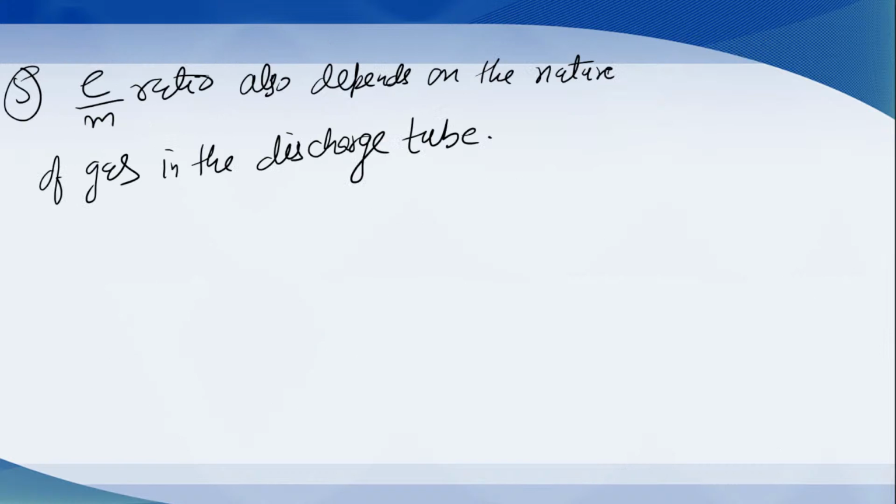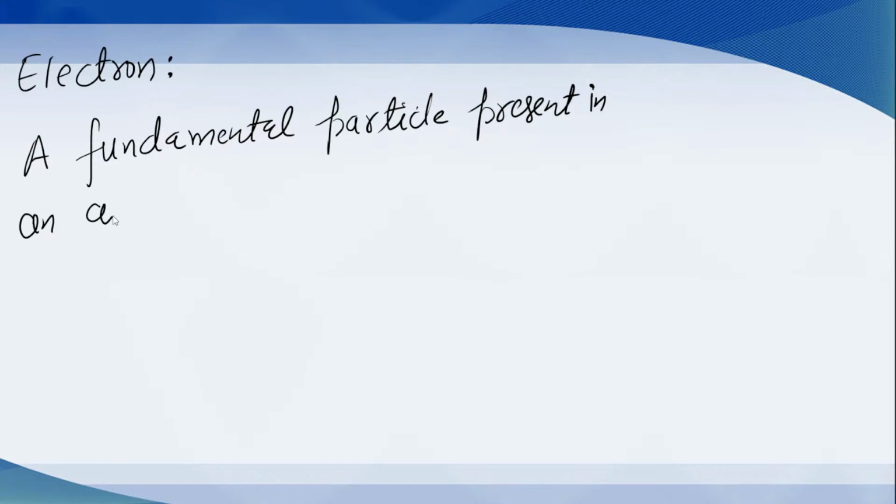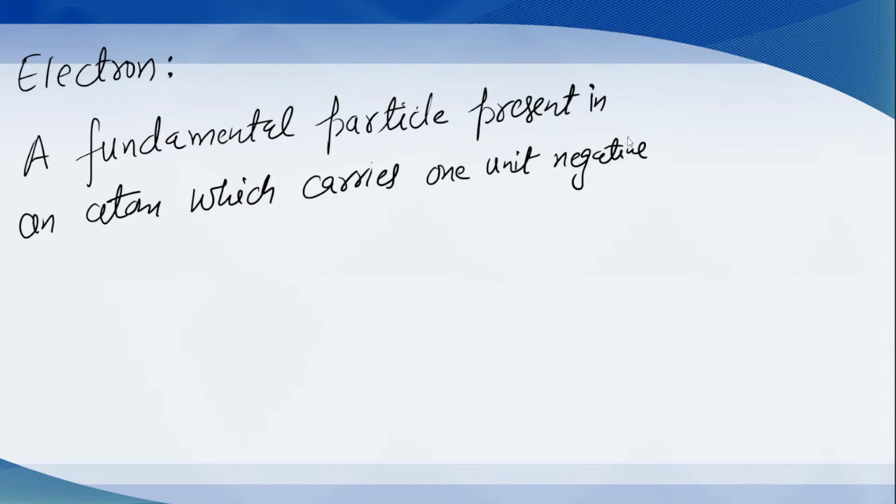Now let us define electron and proton. An electron is a fundamental particle present in an atom that carries one unit negative charge.